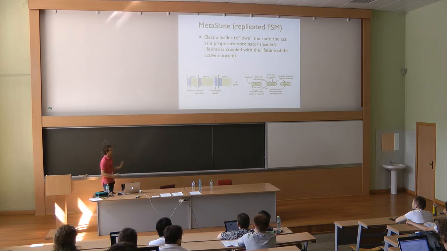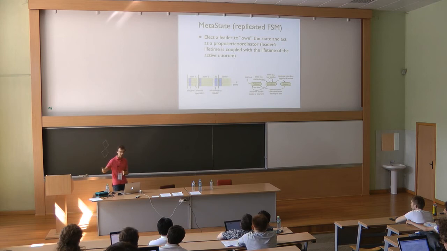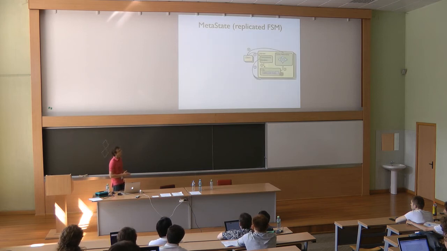We use a pair of two numbers: the first number represents the epoch, which is essentially a term, and the second number represents the consecutive number of the last update.